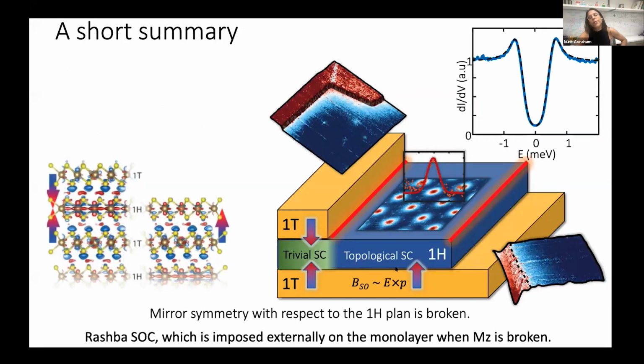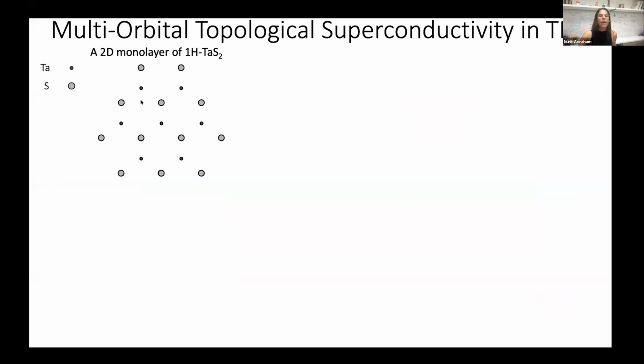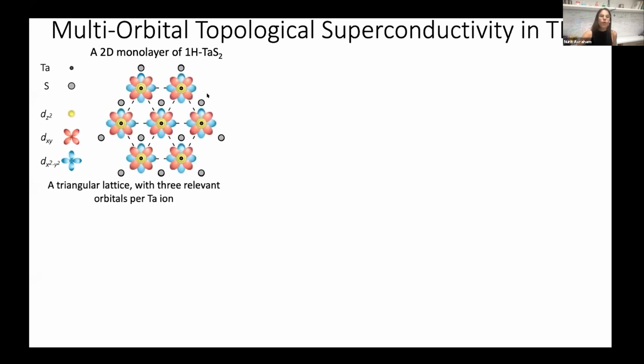So now let me try to describe the theoretical model that takes all those ingredients into account and nicely captures all the observations that we have seen so far. In the model, the 2D monolayer of 1H tantalum disulfide is modeled by a triangular lattice with a minimal set of orbitals that you can see around here.